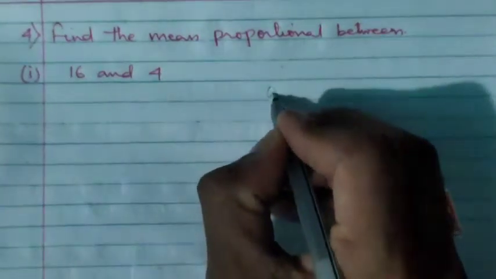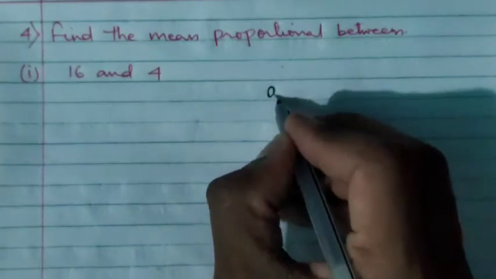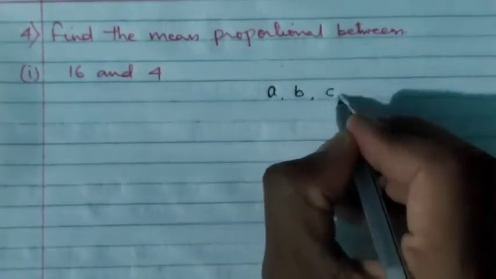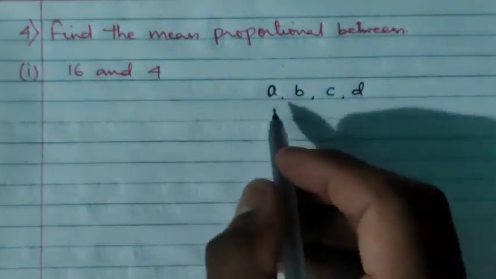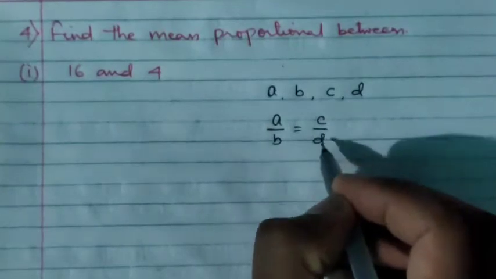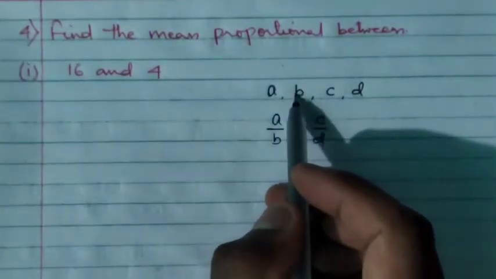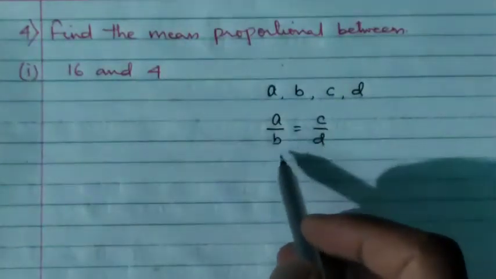As we all know, for quantities to be in proportion, there should be four quantities A, B, C and D. These are the four quantities which can be in proportion, like A by B equal to C by D. The first two quantities form the first ratio and the second two quantities form the second ratio, and both ratios should be equal.